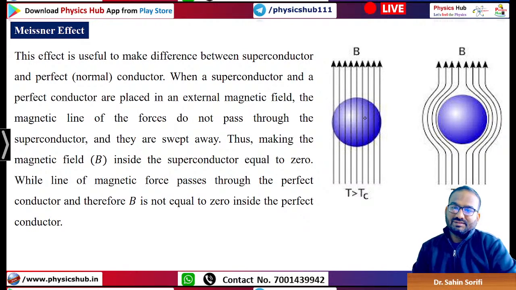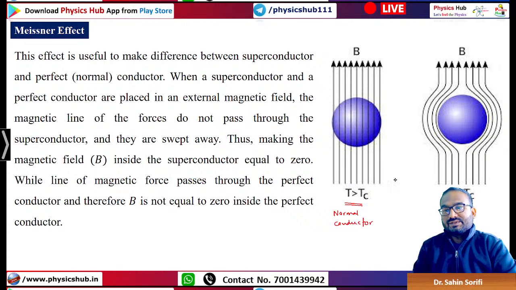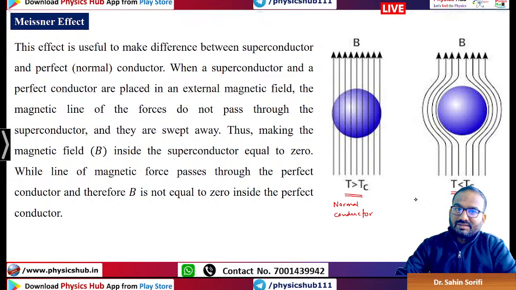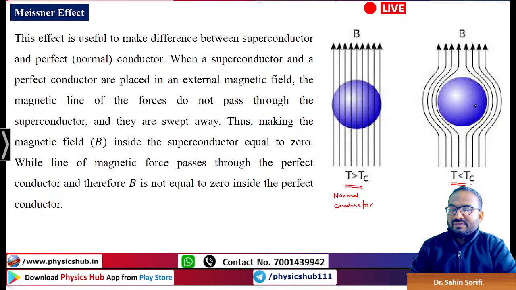You see the same material, T greater than Tc, beyond the critical temperature, is behaving like a normal conductor, and as a result you can see the magnetic field lines can penetrate. But as you go below the critical temperature, T less than Tc, you can see the magnetic field lines are not able to go through it.